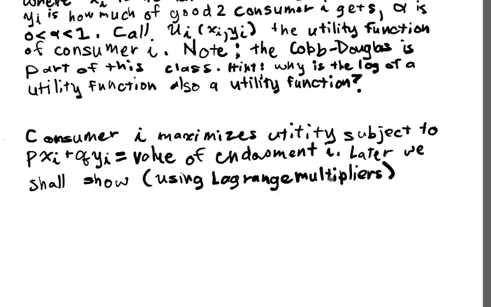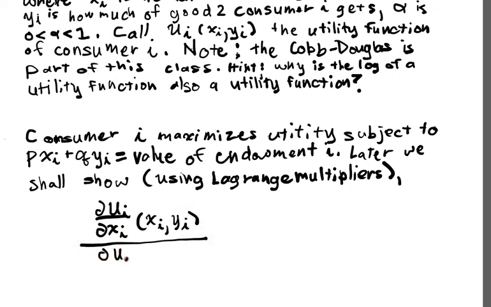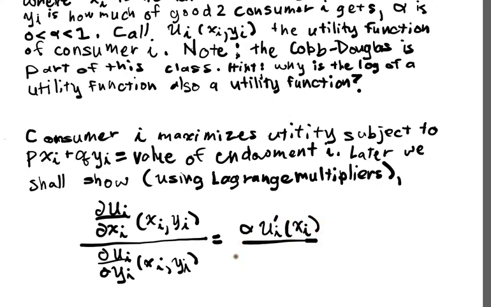We'll show using Lagrange multipliers that dU/dxi evaluated at (xi, yi), divided by dUi/dyi at (xi, yi), which is of course, when you work this out, alpha ui prime of xi divided by 1 minus alpha ui prime of yi.